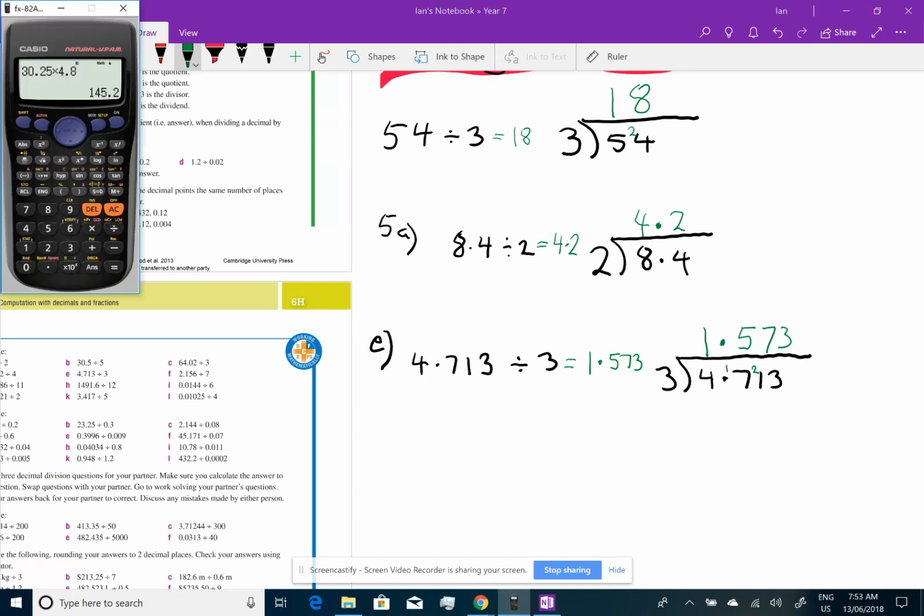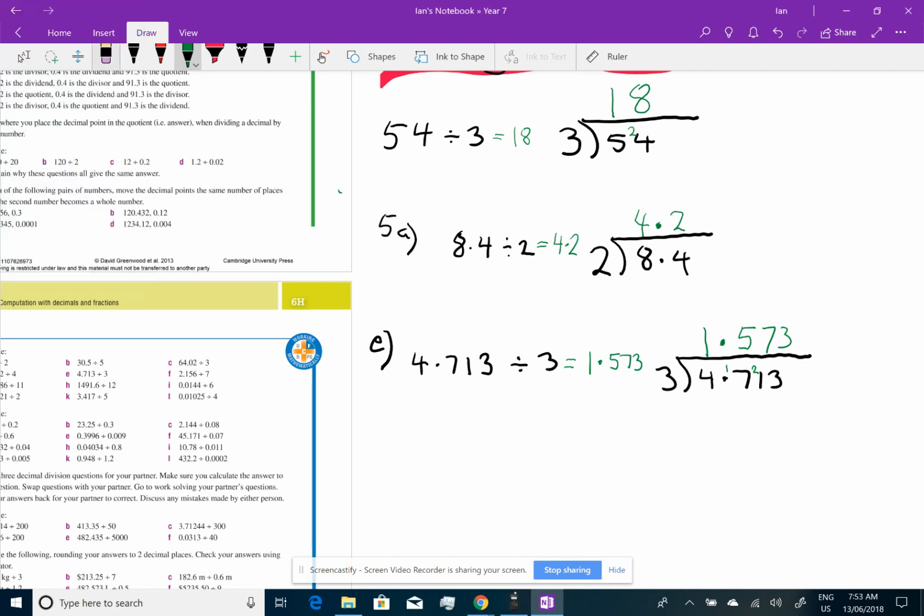So I'm going to check on my calculator. 4.713 divided by 3. Oh, look at that, I made a mistake. 3 doesn't go into itself 3 times. 3 goes into itself once. Lucky I checked. That's what you should do.